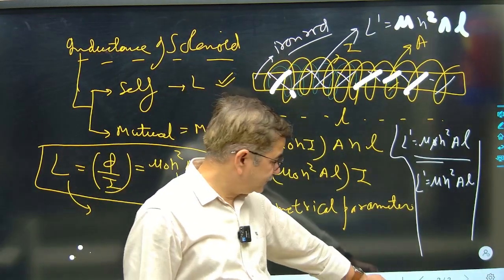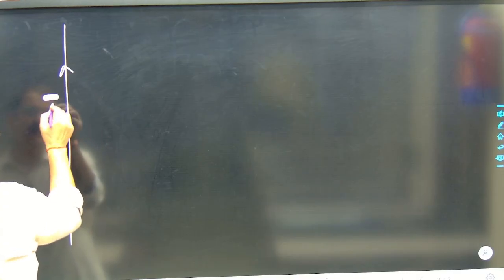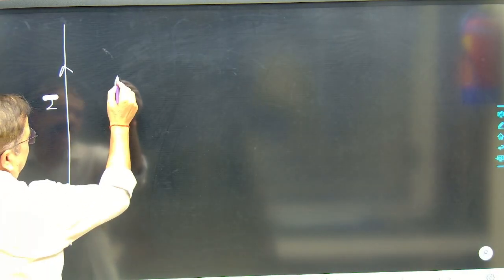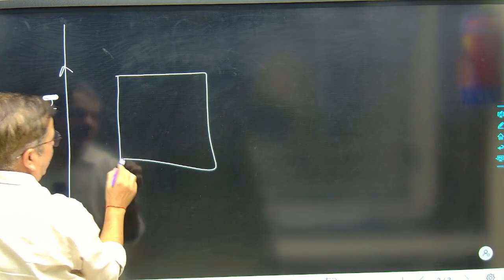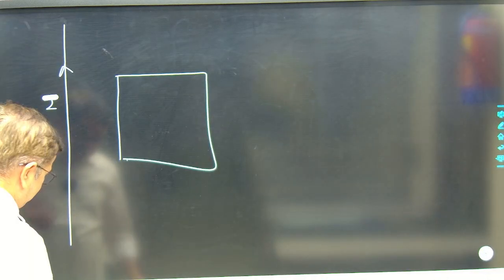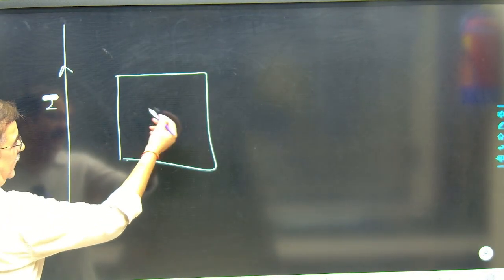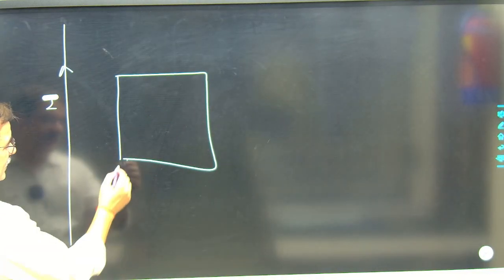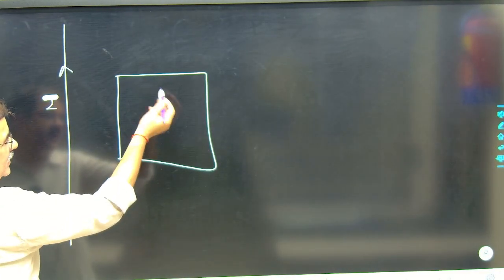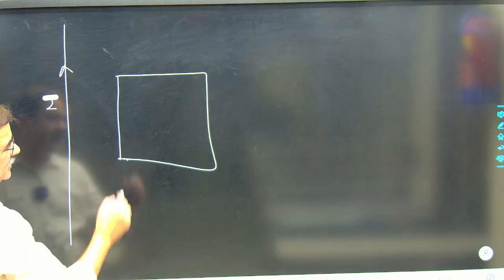Next, self inductance can also be defined in other cases. Suppose this is an infinitely long current carrying wire with current I, and in its vicinity there is a square loop. If I change the current, the associated field and flux will change. I can also find the flux change in the square loop.